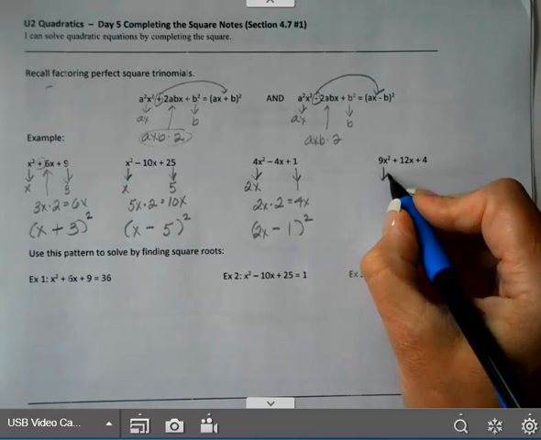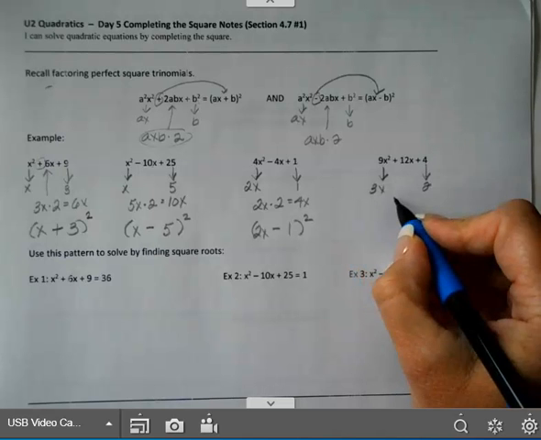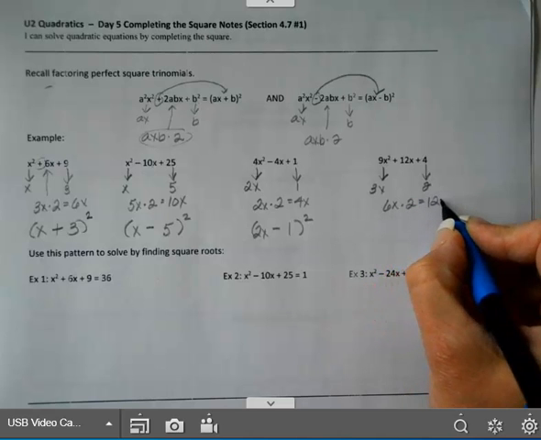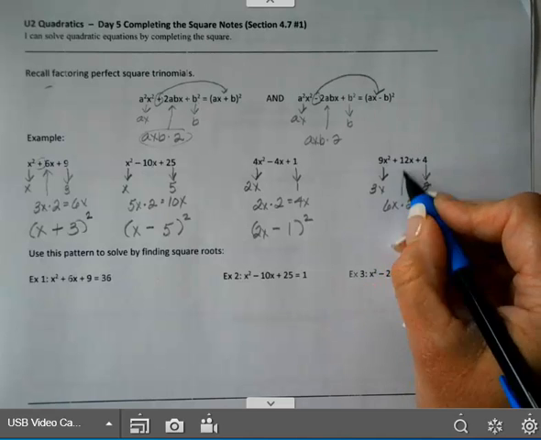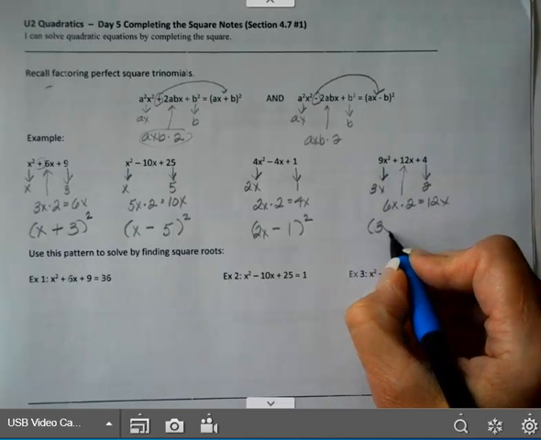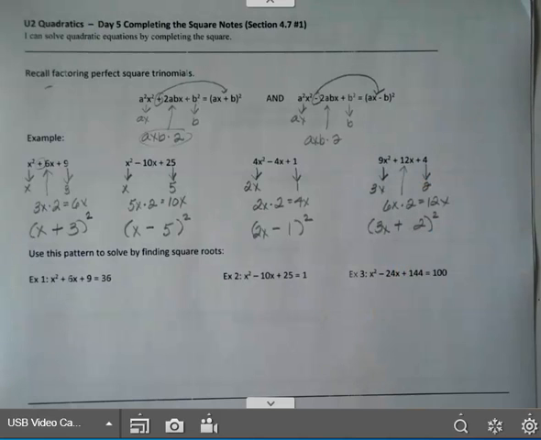On the next one, this is 3x. Square root of 4 is 2. And if I take that product, which is 6x, and I double it, I'll get 12x, which is my middle term. This is a perfect square. So this is 3x plus 2, squared, and the middle sign is a plus.